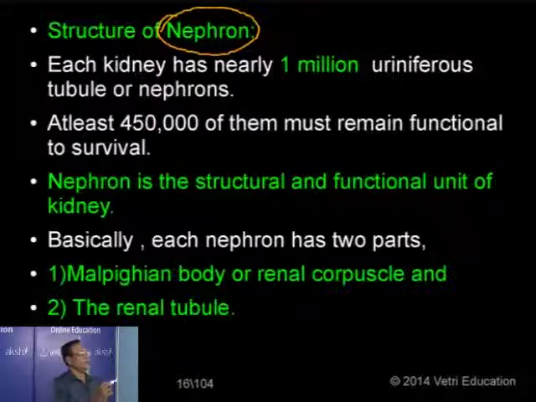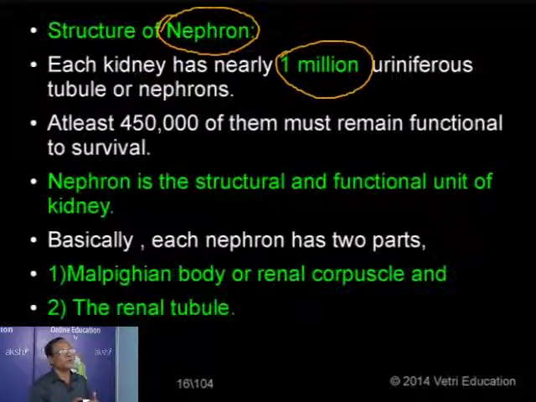Each kidney contains about 1 million uriniferous tubules or nephrons. But a person needs only 50% of such nephrons for survival. So at least 450,000, nearly 500,000. So for survival, a person needs nearly 500,000, that is, 450,000 nephrons should remain functional.